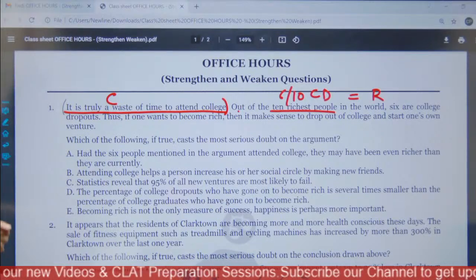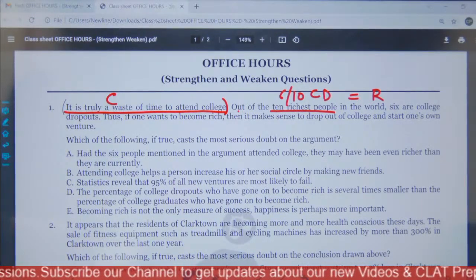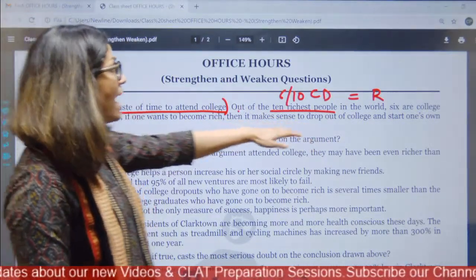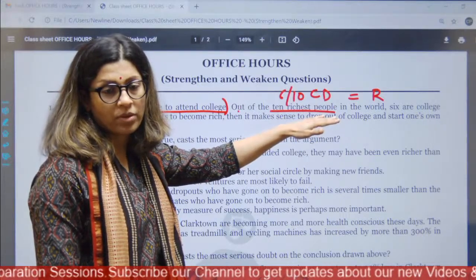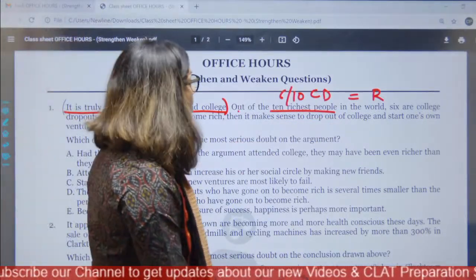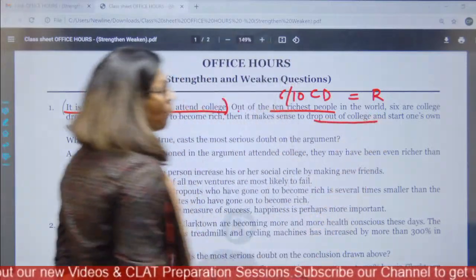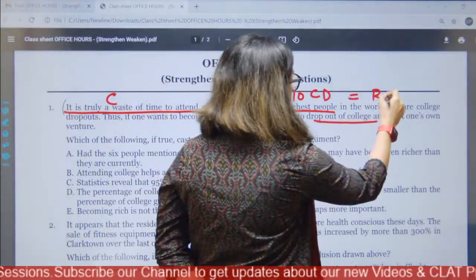Now, in order to weaken this, we have to somehow suggest that this is not a correct representation. Right? So, the author says drop out of college because 6 out of 10 of the richest are college dropouts.